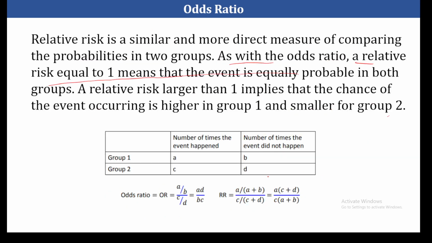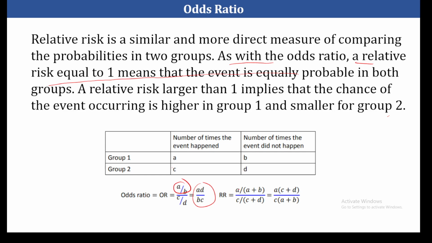We can get the relative risk also. If we have group 1 and group 2, with the number of times the event happened and the number of times the event did not happen, the odds ratio will be, for one group, A by B, and for the other group, C by D. Then we can simplify to get AD by BC.